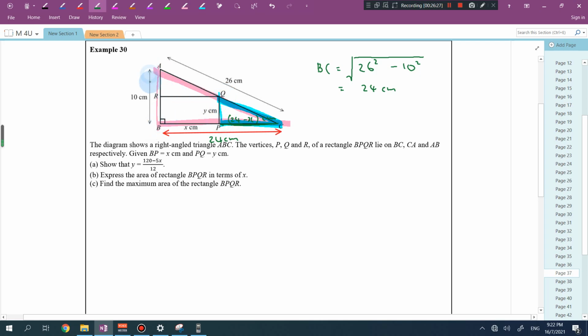So y divided by 10 is equal to PC divided by BC, because the corresponding side of PC is BC. This is the smaller triangle and this is the bigger triangle. 24 minus x divided by 24. We just bring the 10 over here, it becomes multiply.